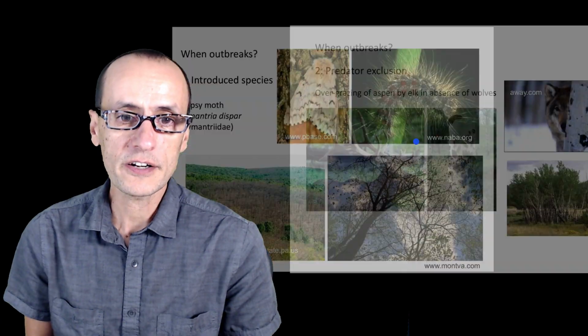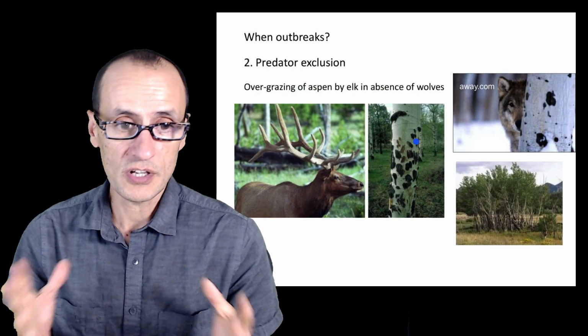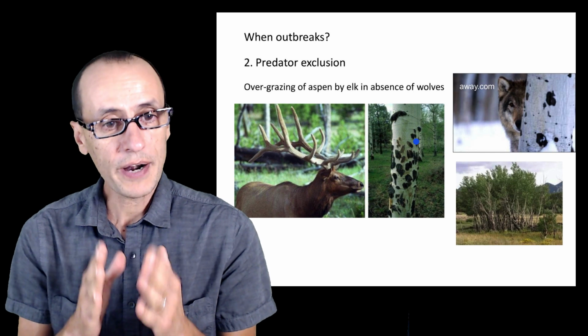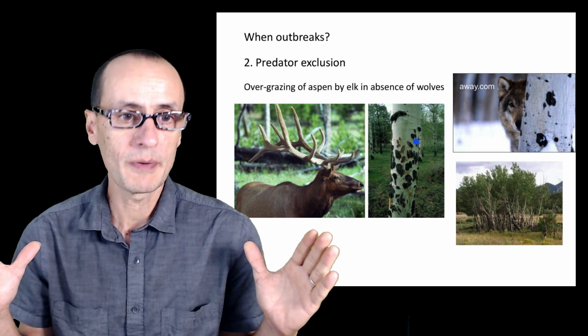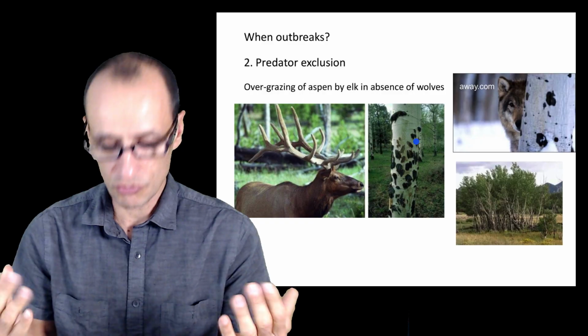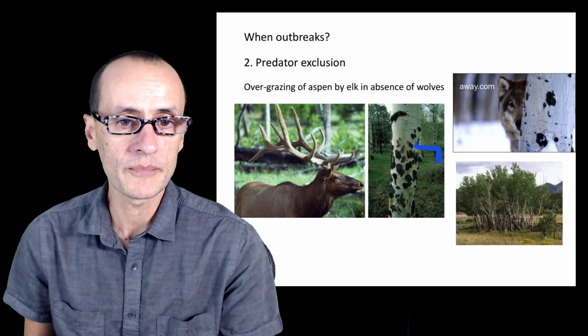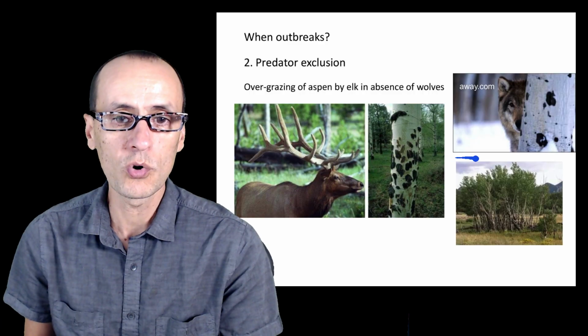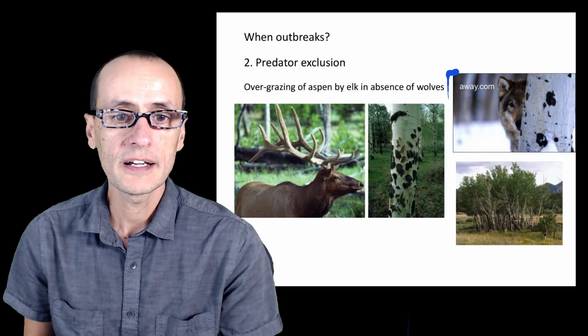Speaking of predators, there are many well-documented examples where predators have been removed from a particular ecosystem, either through overhunting, as was seen here in the Yellowstone area, where wolves were extirpated.